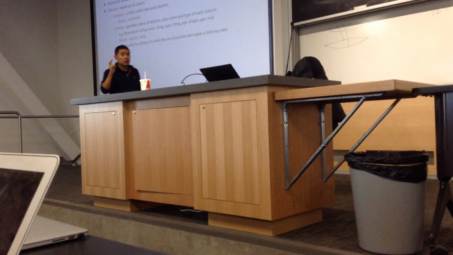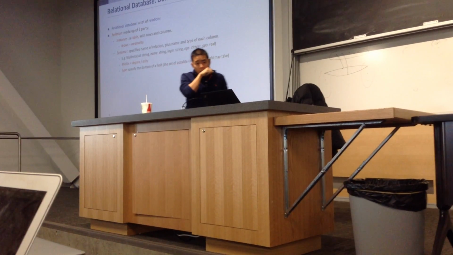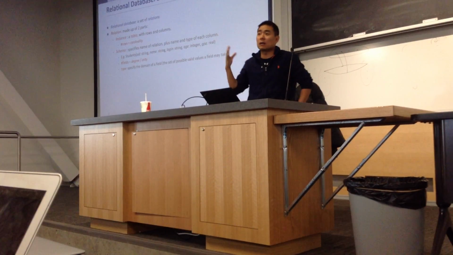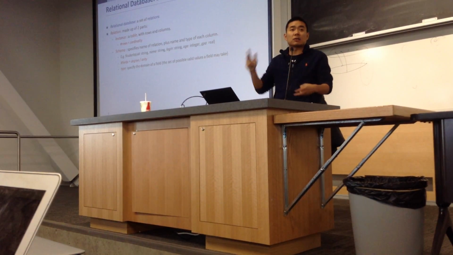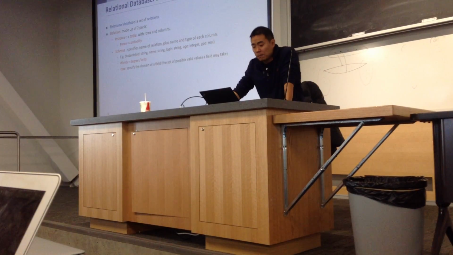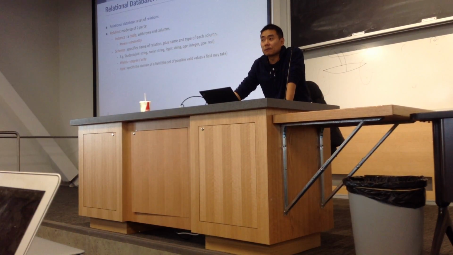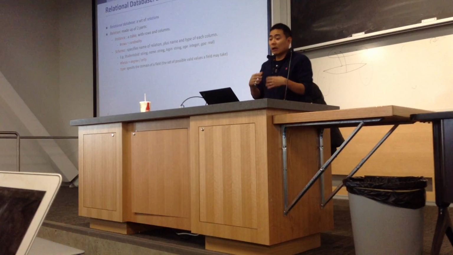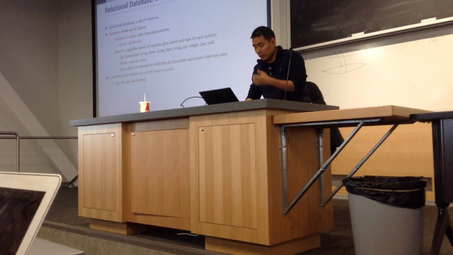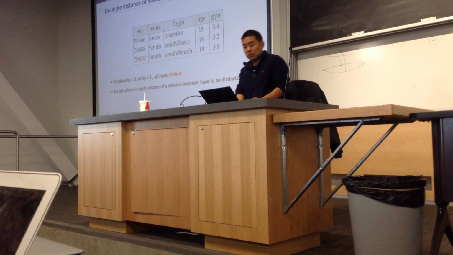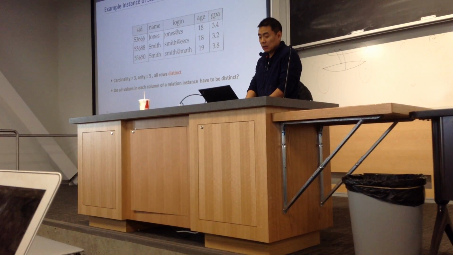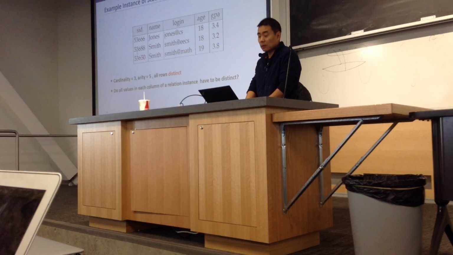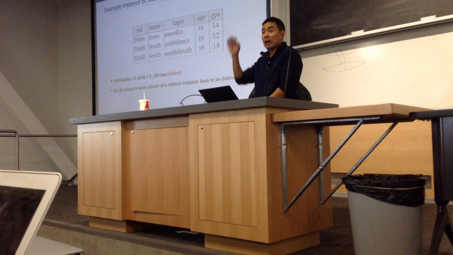You're going to have relations, and each relation is nothing else but a table. The table has two parts. One is called the instance. The other is called the schema. Let me give you a concrete example. In this case, this is my schema. This part, the three records, is my instance.